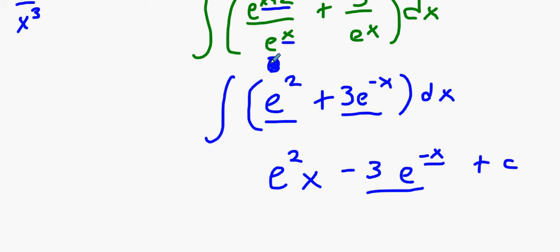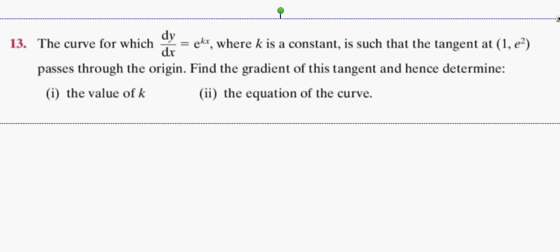We all good? Yes? So you can only integrate the x if it's only a number. If it's only a number like e to the power 4, that's just like 5. It behaves the same. But if it was e to the power 4x, then it'd have to be e to the 4x divided by 4. Okay, good cut. Alright, that was 9.